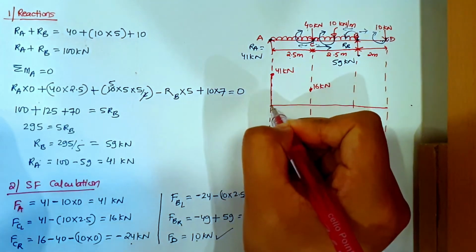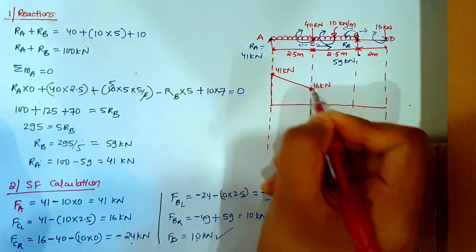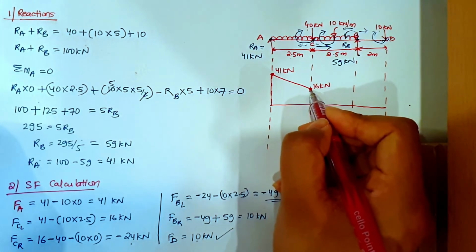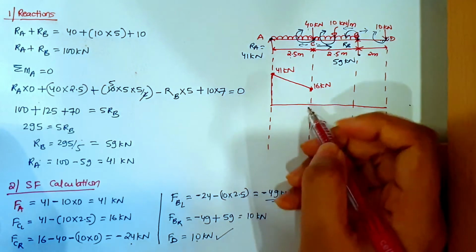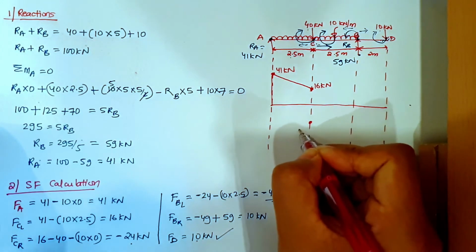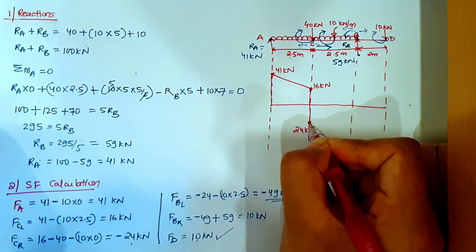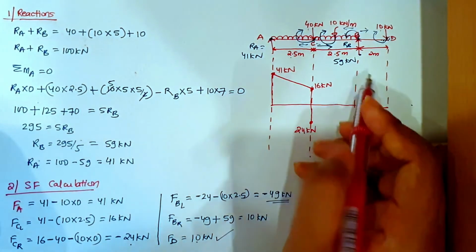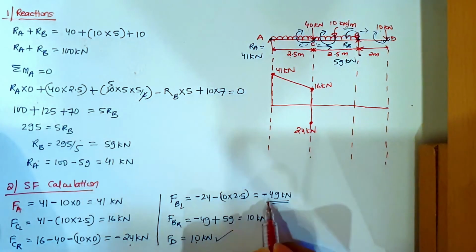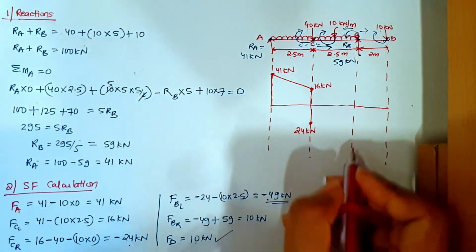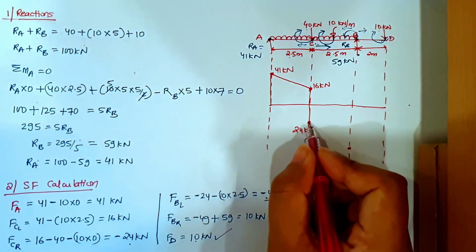Let's join the line also, 16. Then C point पे जब ये right hand side पे जा रहा है, तो it is decreasing and becoming minus 24, so 24 kilonewton. Let's join it. And B point पे at this point it is becoming minus 49, so minus 49 here. Let's join it.